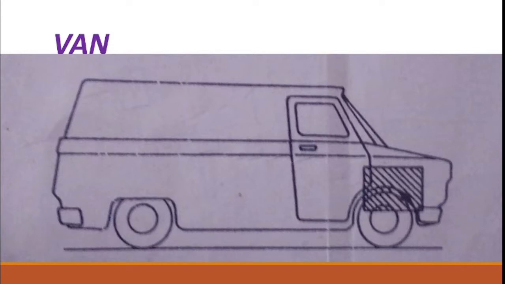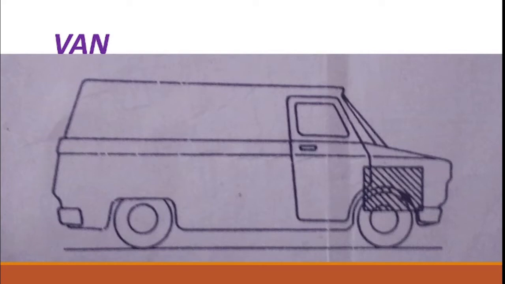Sometimes, like in our country, we modify these vans to carry passengers. We just buy them from maybe China or Japan, and then when they arrive in Kenya, we modify them and put in seats.